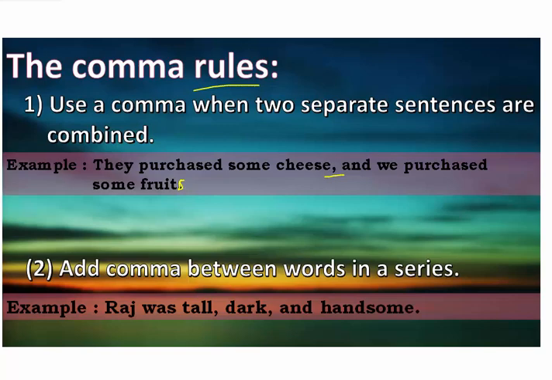In this case, they purchased some cheese and also we purchased some fruits. So two separate sentences, we are joining by using a comma also. There is a conjunction, and, but at the same time you have to use the comma, the punctuation mark.